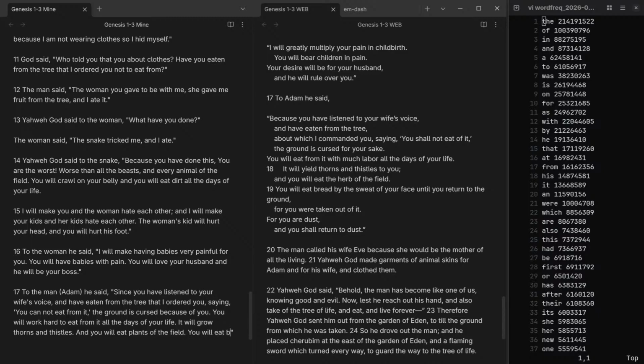You will eat by the sweat of your face. Again, we don't want to just say sweat of your hard work, or you're going to say you're going to eat by hard work. We're going to keep the original image, the sweat of your face.